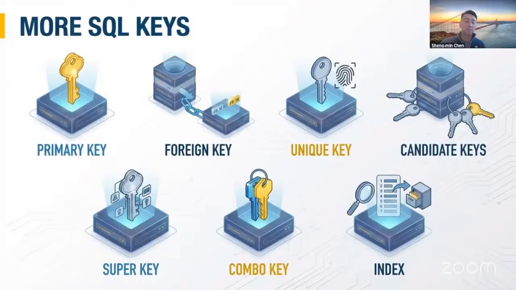So for example, imagine a combo key is 2 and 3, or a combo key is first name and last name. That is the set, using set theory. A super key will be 2 and 3 and 4, a superset. So a super key will be first name, last name, zip code, for example.